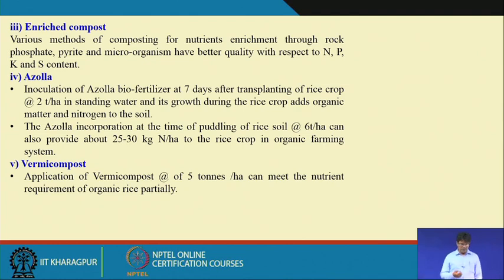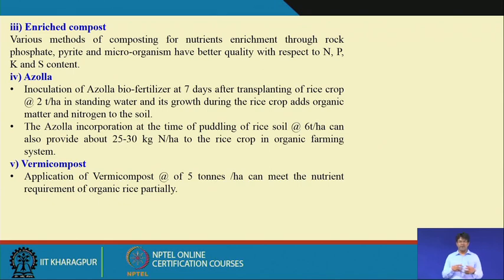When you go for organic farming, especially rice, which we are discussing, it requires nitrogen. Cereal crops need a continuous supply of nitrogen at the critical growth stages for their better growth and development, unlike vegetable crops, like we discussed potato, that need more potash. The organic manures that are applied at the beginning have a slow release, unlike chemical fertilizer, which has a fast release, and if the nutrients are not taken up by the crops, the nutrients are lost.